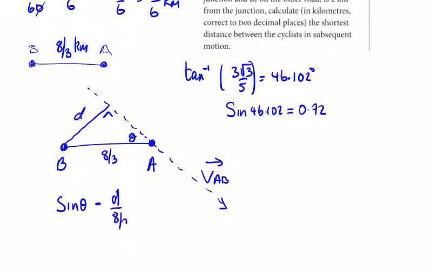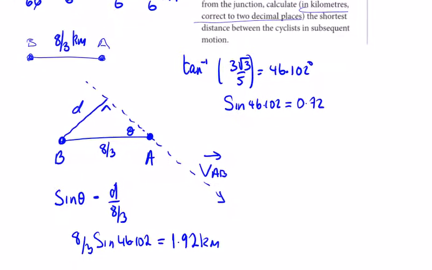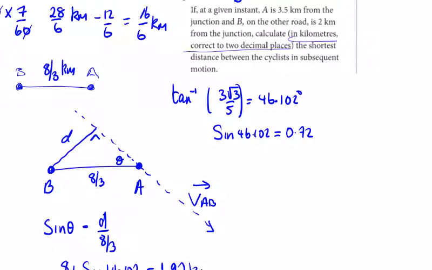D divided by 8/3. So 8 over 3 by the sine of 46.102 or 0.72 is going to give me 1.9215, 1.92, and we're dealing in kilometers here. And in kilometers, I'm correct to 2 decimals. If I got 2 decimals, I do. So that's the answer to this question.